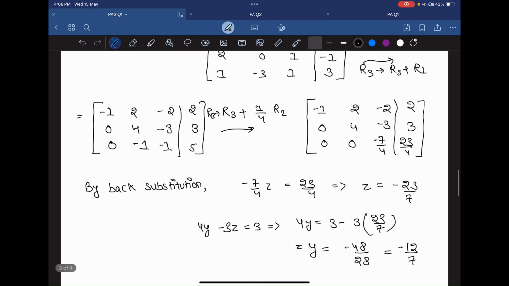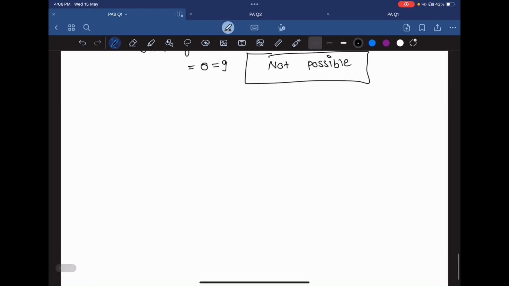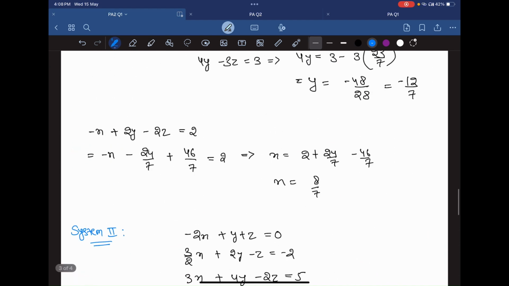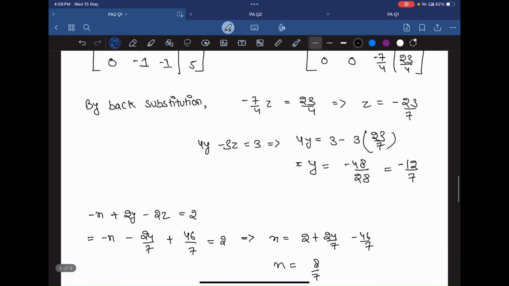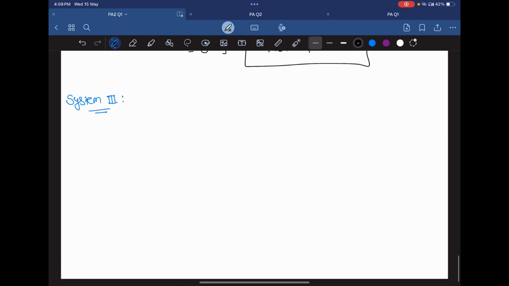Let's check for system 3. For system 3, our equations are like this: x plus 3z is equal to negative 5, minus 2 by 5 x minus 1 by 5 y minus 2z is equal to 3, 2x plus y plus 10z is equal to negative 15.